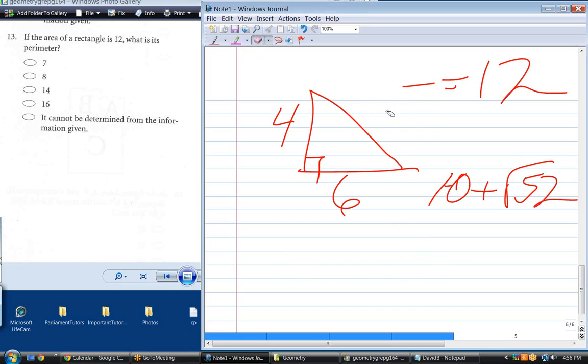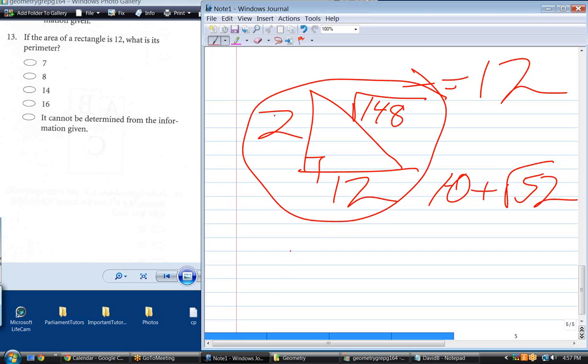Problem is that I can come up with all kinds of triangles that have an area of 12. What if I made that 2 and this 12? That also has an area of 12, and yet now this is the square root of 148. So this perimeter becomes 14 plus square root of 148.